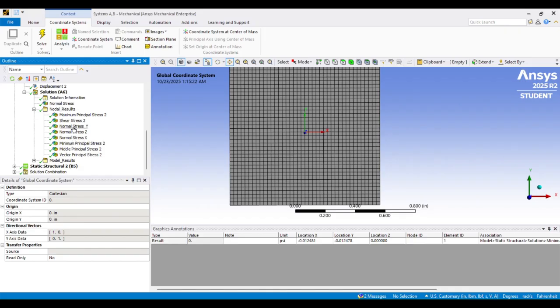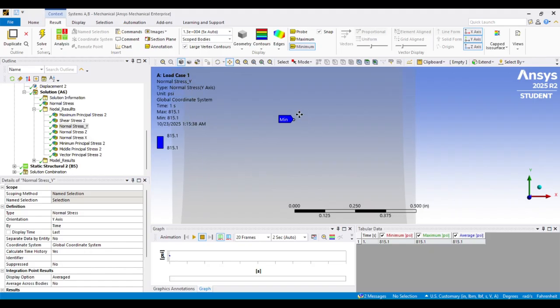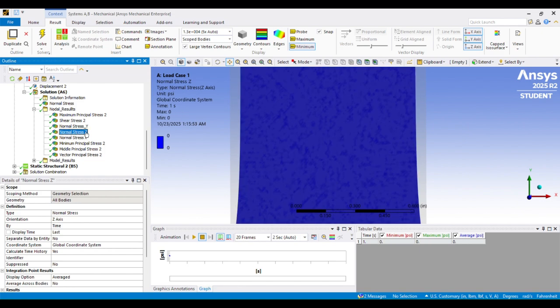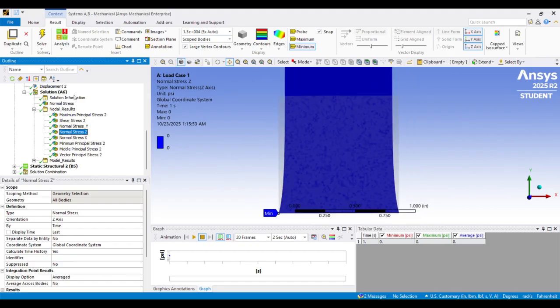We can look at the stress acting in the y direction, and we see here that it's 815.1 psi on that node. And we can look at the stress in the x direction, 12.785 psi. And the normal stress in the z direction is 0, and again, that's because we're looking at a plane stress case.